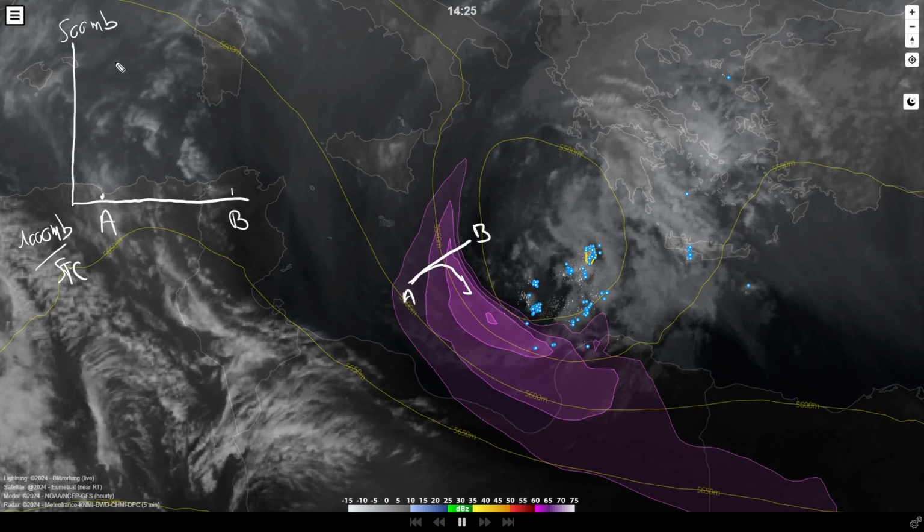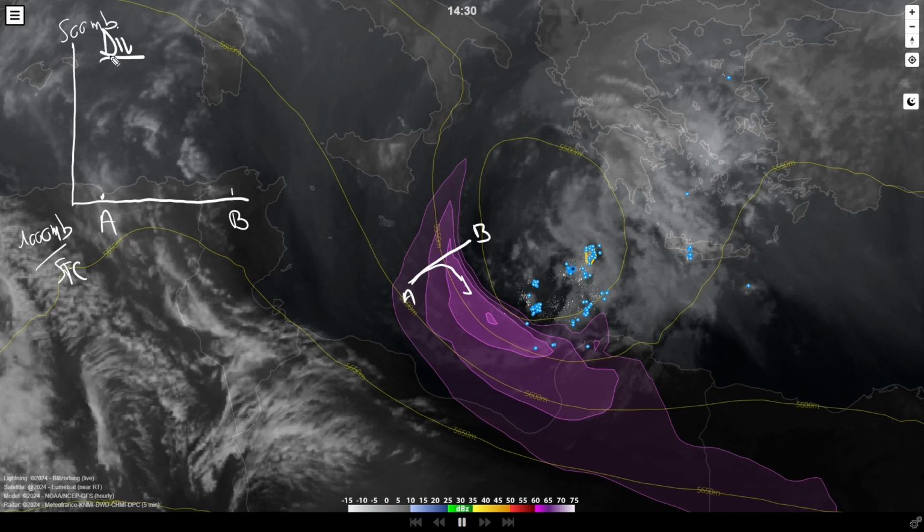At point A, 500 millibars, there's air disappearing, and since this air is disappearing and is deflected, there's actually a diverging motion happening at point A, meaning there's divergent air aloft here.